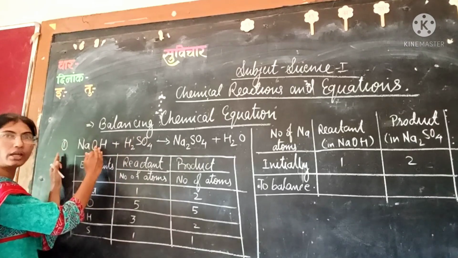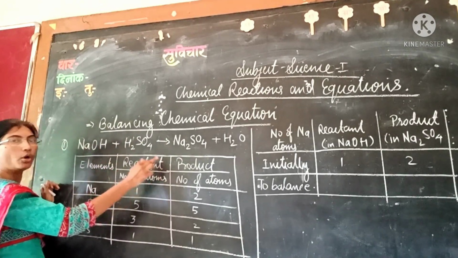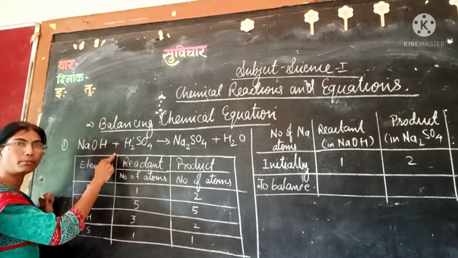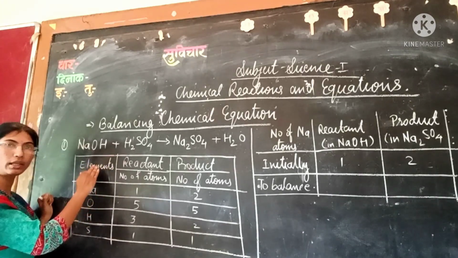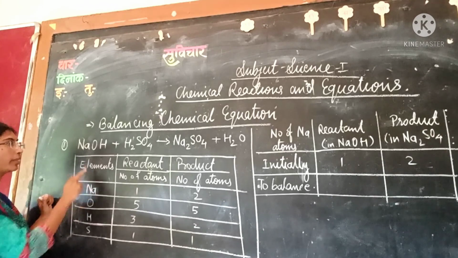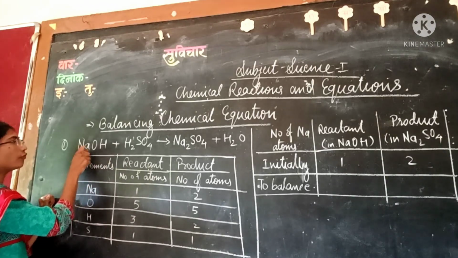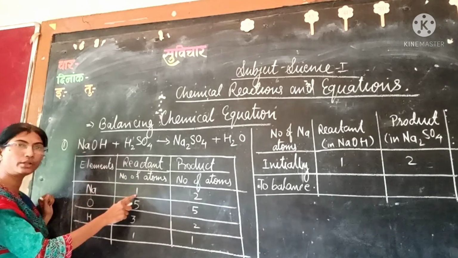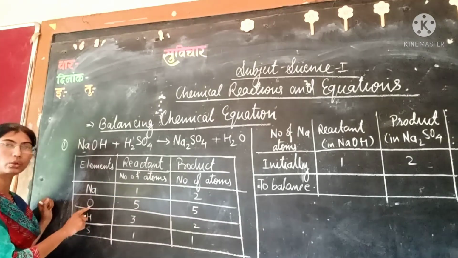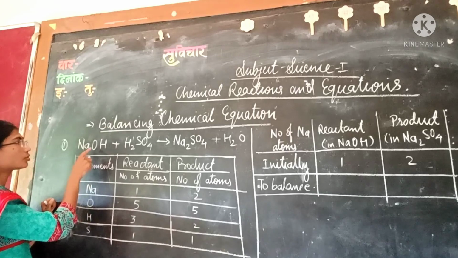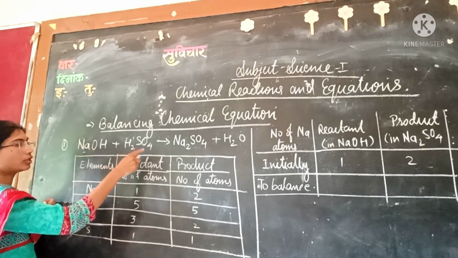Now on the left hand side, meaning the reactant side, we are going to find out the total number of atoms present. Let's see. First of all, sodium. Here there is only one atom of sodium, so we will write 1. Then we are going to count the total atoms of oxygen. Here it is 1, here it is 4.